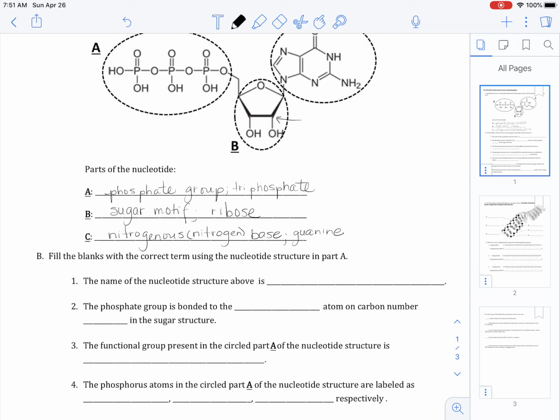And whenever we have a nucleotide, then we are going to write down the nucleoside name first. And guanine turns into guanosine. But because this is a nucleotide, we need to express how many phosphates we have. So this is guanosine triphosphate.